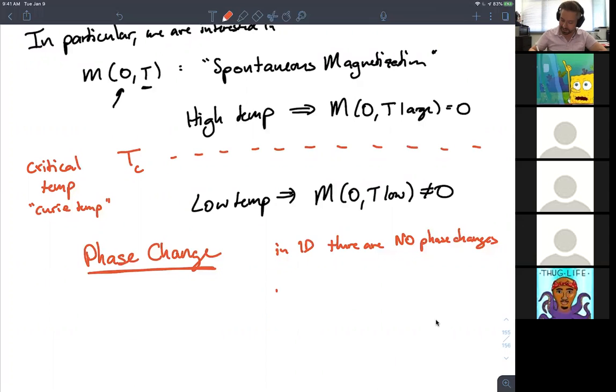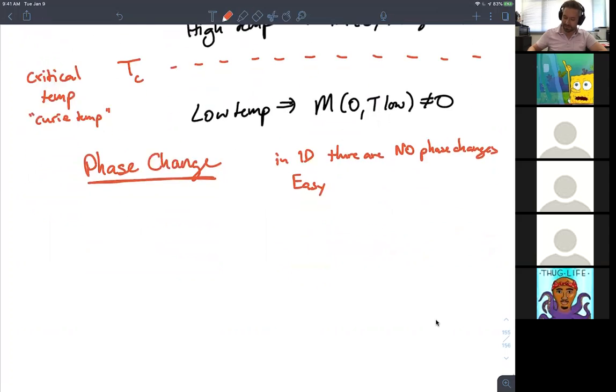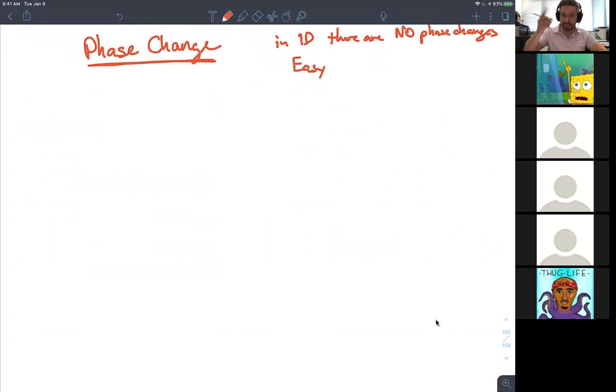The reason we're going to do 1D is because it is easy. Then the next highest thing you can do is 2 dimensions, so you might ask, how does the thing behave in 2 dimensions? Since 1 dimension is easy, you might imagine that 2 dimensions is maybe not that much harder.